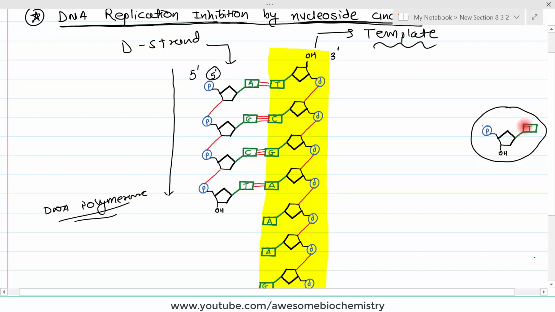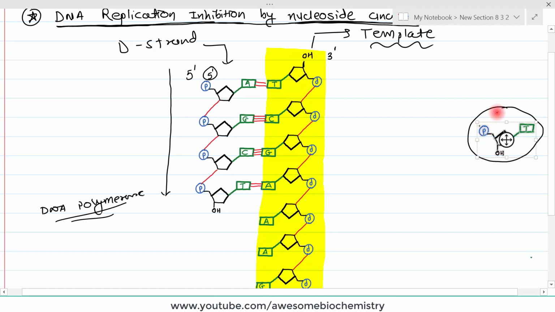So 1 monophosphate is inserted over here. So let's shift this nucleotide to this place. Okay. So here your DNA polymerase enzyme will set up the new nucleotide over here.